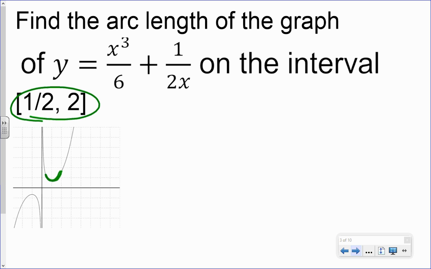So the first thing we need is our derivative. The derivative of x cubed over 6 is x squared over 2. The derivative of 1 over 2x is negative 1 over 2x squared.